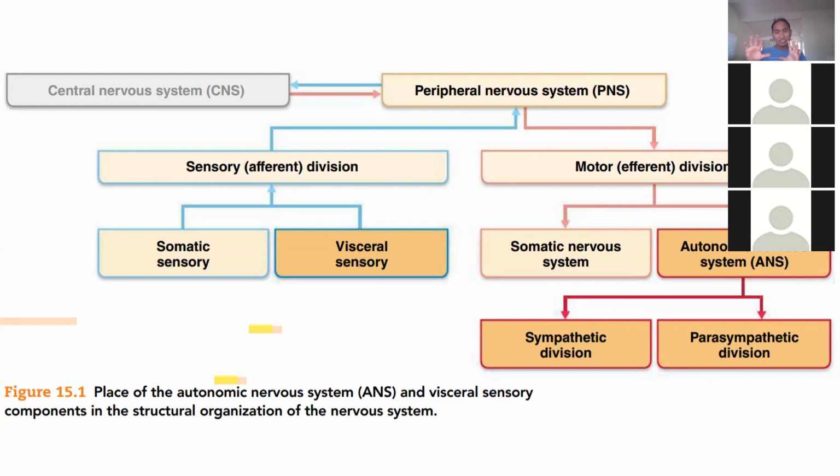So these nerves coming out from the brain and spinal cord are all called the peripheral nervous system. Therefore, we divide our peripheral nervous system into sensory and motor. Sensory means if we touch something with our finger, we feel it.